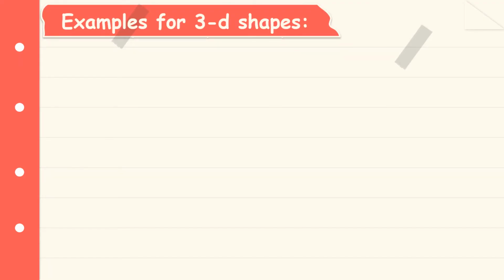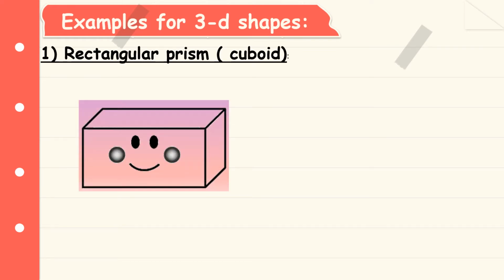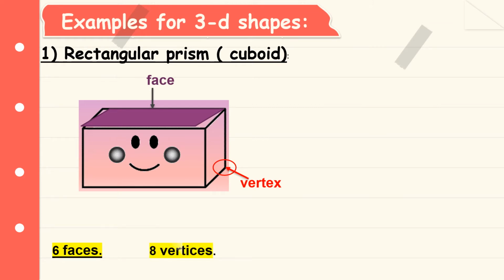Examples of 3D shapes. First one is called rectangular prism. We can also call it cuboid. How many faces in the rectangular prism? 6 faces. And how many vertices? There will be 8 vertices.